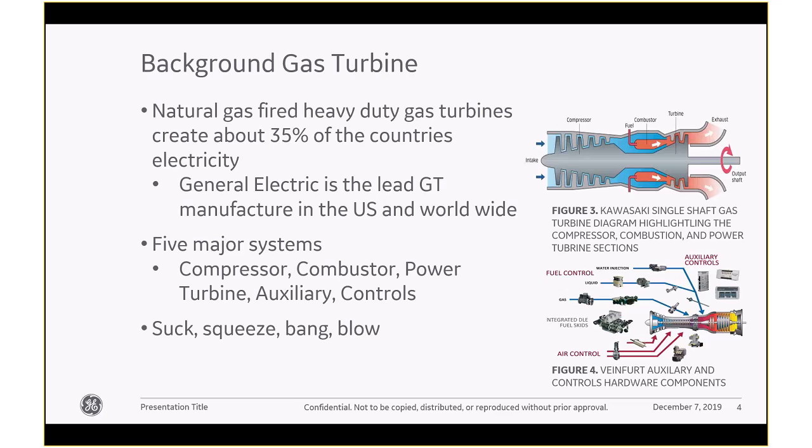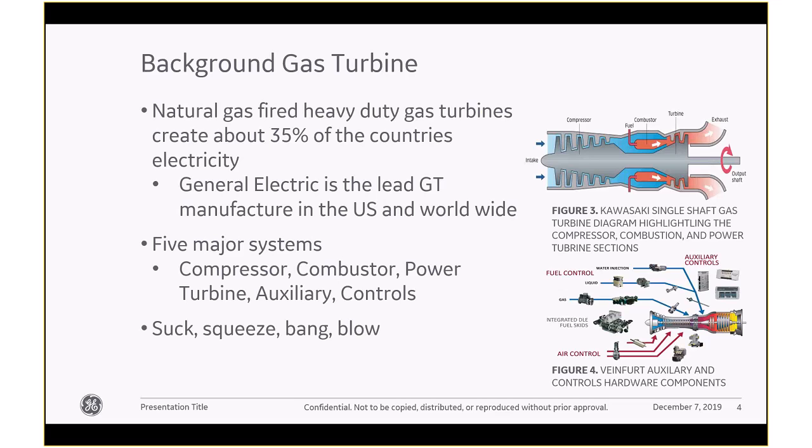The power turbine is the third major system within the interior of the gas turbine, and its goal is to spin and to extract as much energy from that air as possible to create torque. That torque is then transferred through the rotor to a generator and produces your electricity.